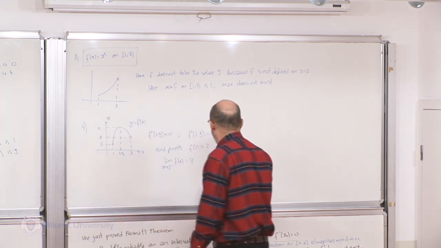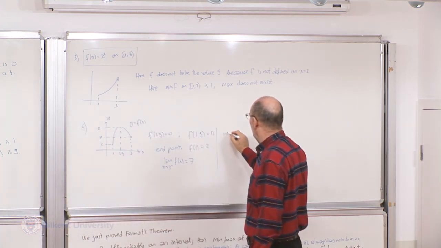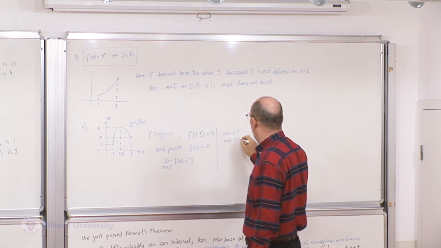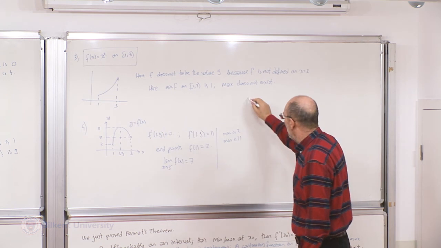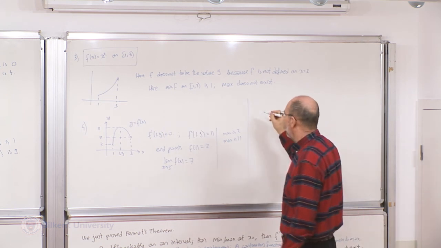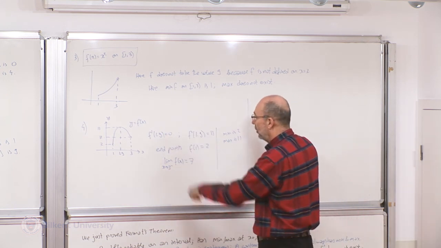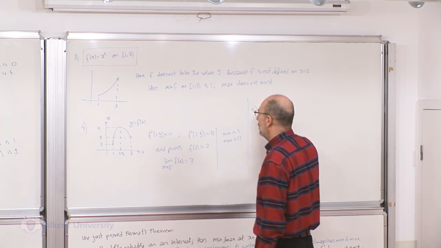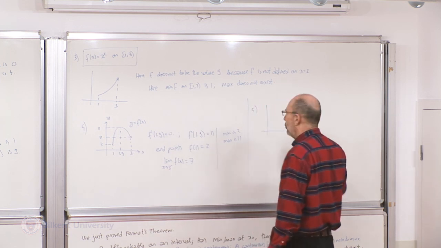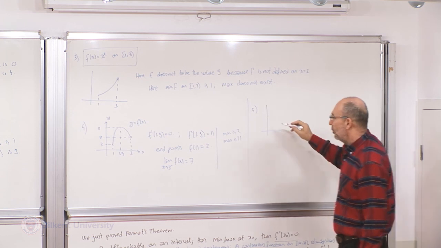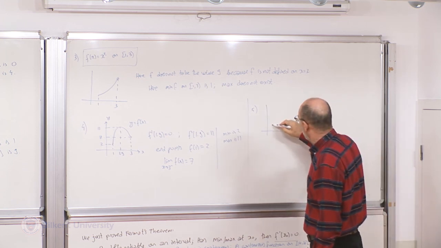Okay, now you look at these things and you say minimum is 2, maximum is 11. Okay, so let's do a similar example here with this function, 5. Suppose now you change your setup, you model your situation, and it becomes something like this.